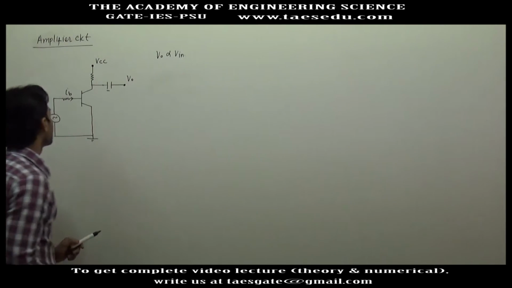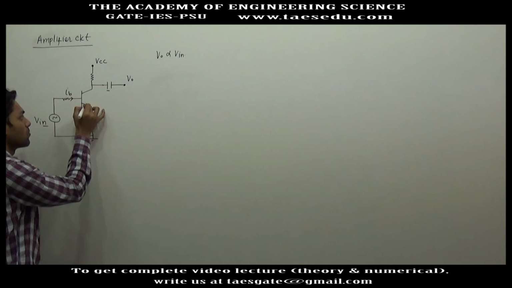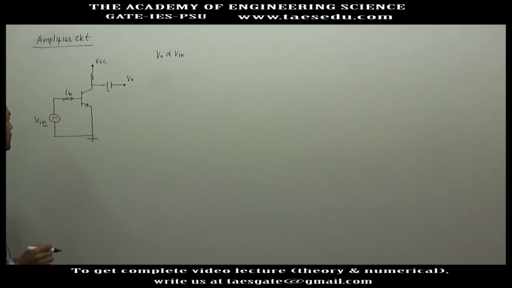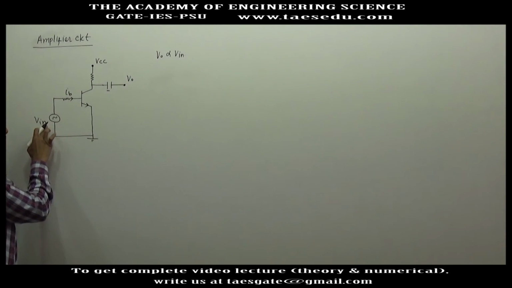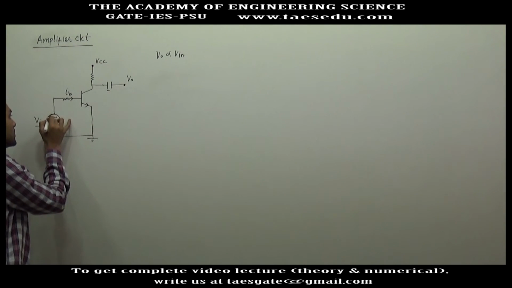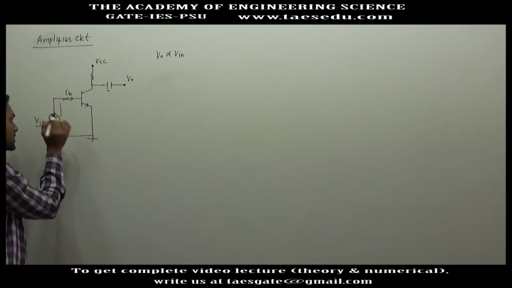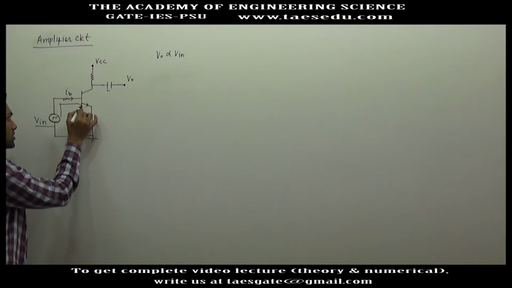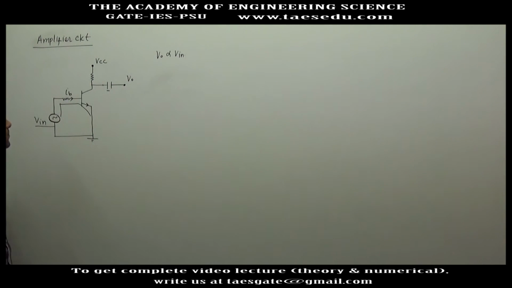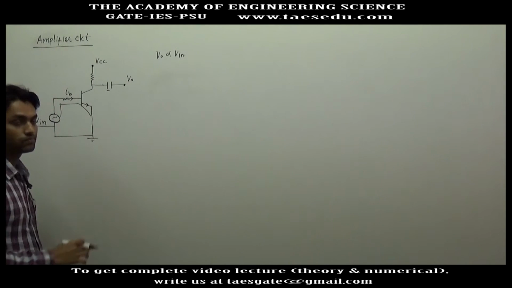Okay, so now we have studied that this transistor has to be operated in active region. Now if you connect a signal which is to be amplified, this is an AC signal. In the positive cycle, if it has sufficient magnitude, the transistor will be out of cutoff region. So in the positive cycle it may operate in active region, but what will happen in the negative cycle?